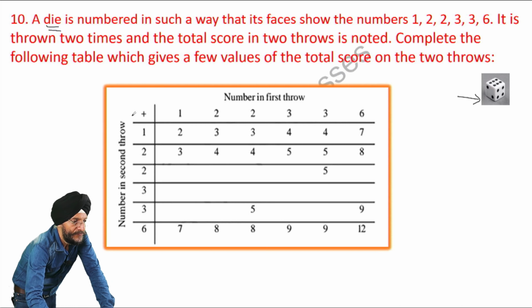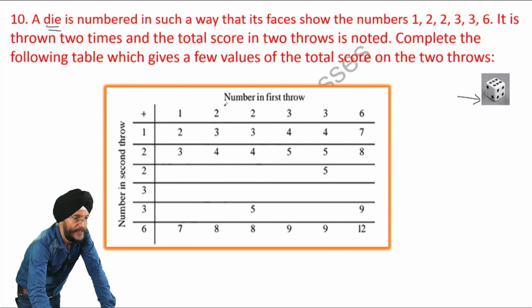How it is noted? We understand it from the table. Suppose it is thrown first time, it comes 1. Then it is thrown second time, it comes 1. So the total of 2, 1 plus 1, has been given. Suppose here the die is thrown once, it comes 2. And the die is thrown for the second time, it comes 1.